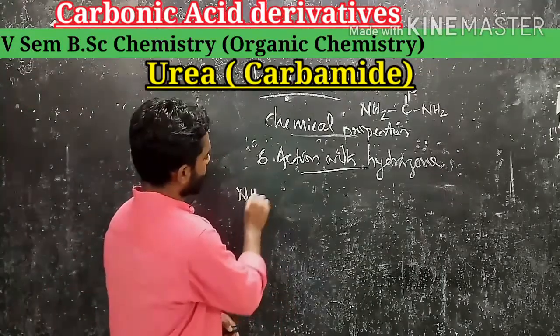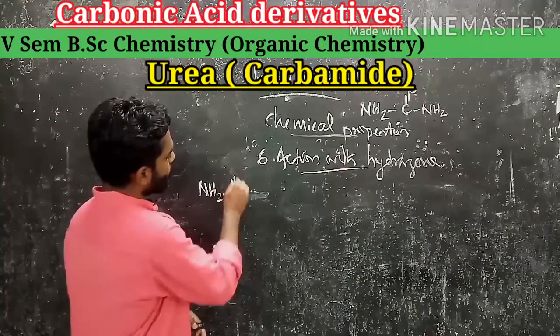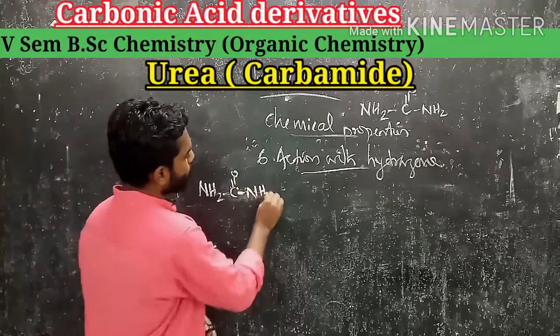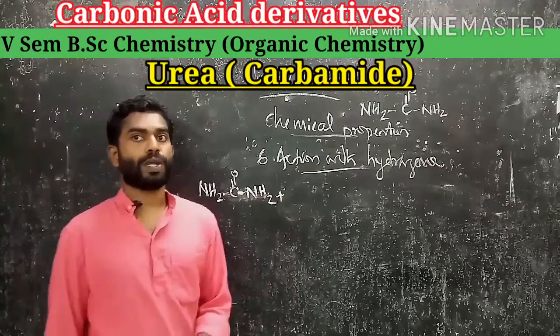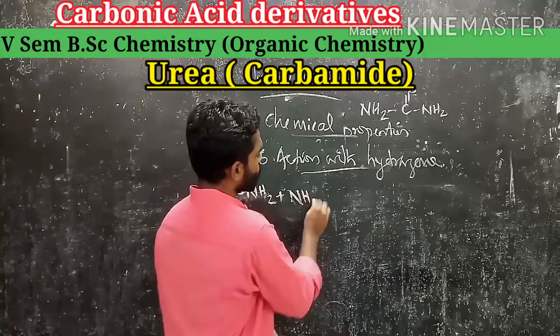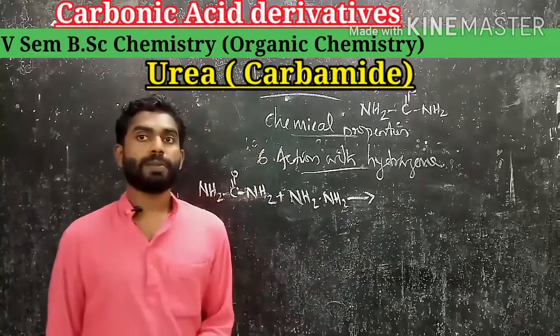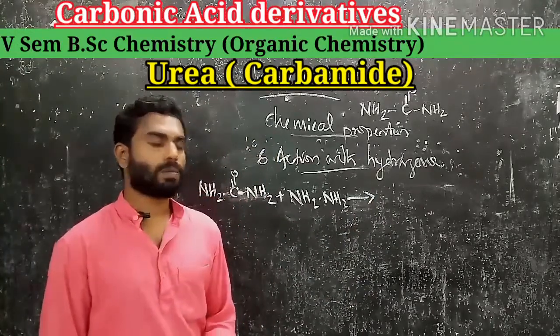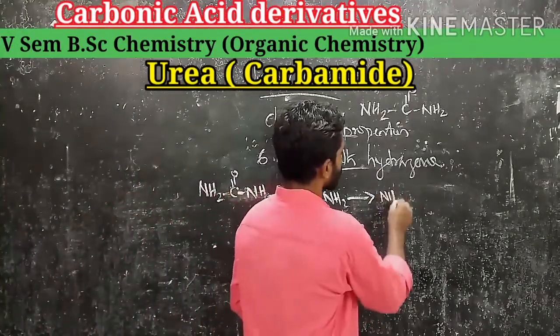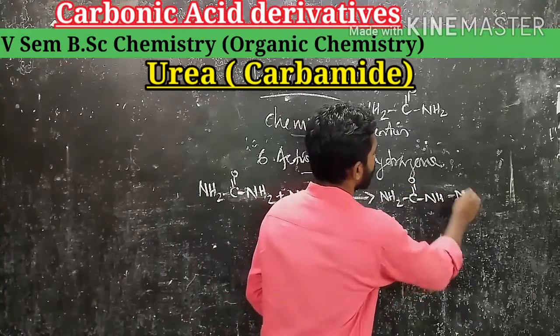NH2 CO NH2 treated with NH2 NH2, hydrazine, gives semicarbazide. What is semicarbazide? NH2 CO NH NH2 plus NH3.